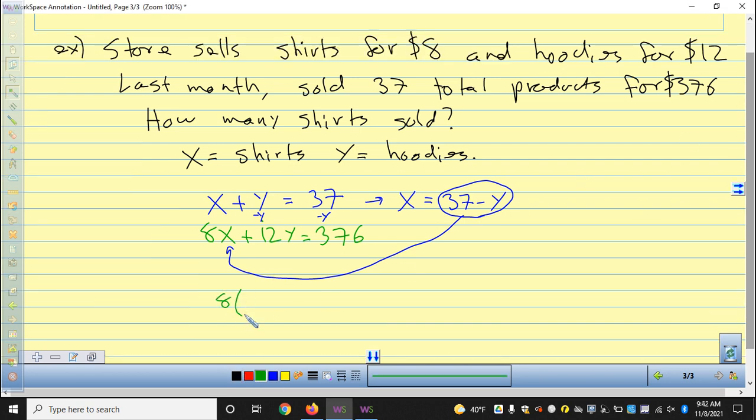So I'll get 8 times 37 minus Y plus 12Y equals 376.